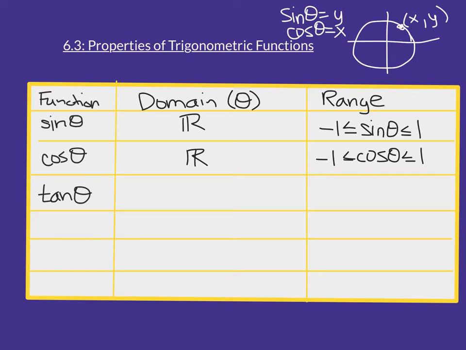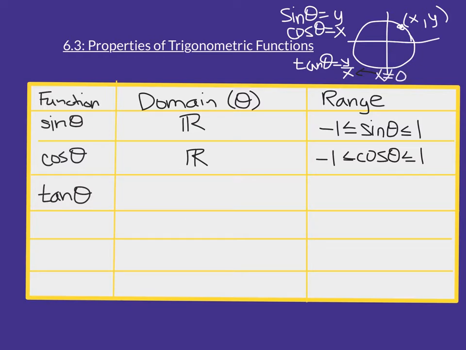The next one I have is my tangent, and tangent, remember, is going to be my sine over cosine, which is y over x. So basically what you want for tangent is you can have any value except for x is equal to 0. So we are not going to allow x to be equal to 0.